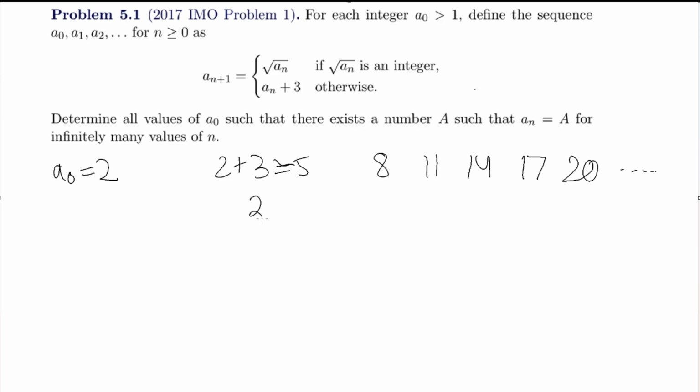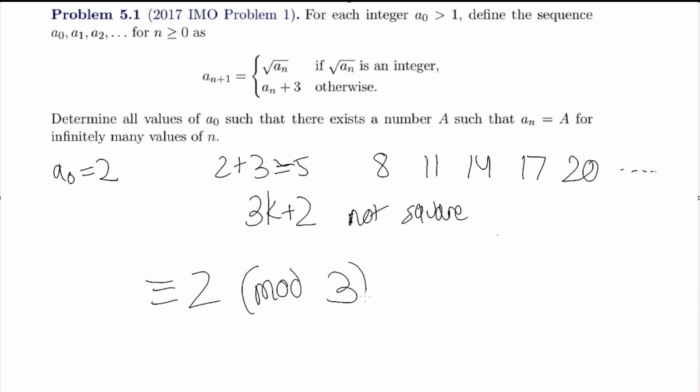In other words, that like 3k plus 2 is not a square. And what do we do if we have a generic factor of 3 in front here? Well, if we want to prove that this is not a square at all, the one thing that all these numbers have in common is that they're all equivalent to 2 mod 3. And as I said earlier, numbers which are 2 mod 3 can never be perfect squares.